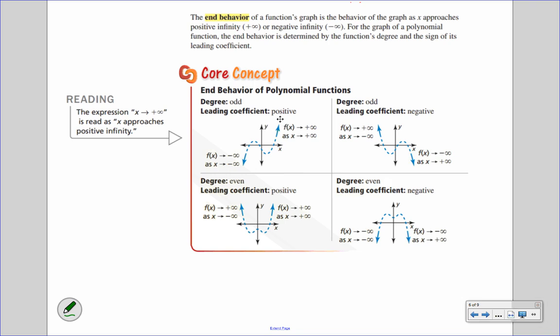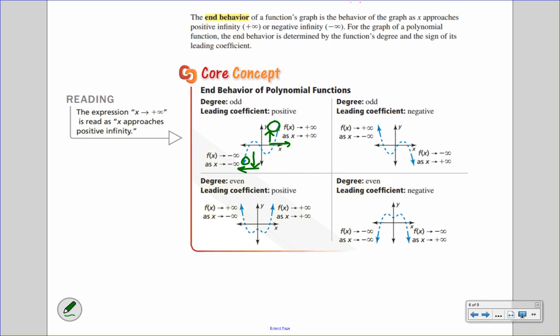The y values are being positive, so the f of x approaches positive infinity, and the x values are also approaching positive infinity. And if we look at the left end, the y values are approaching negative infinity as the x values are approaching negative infinity. So that's how you read those.